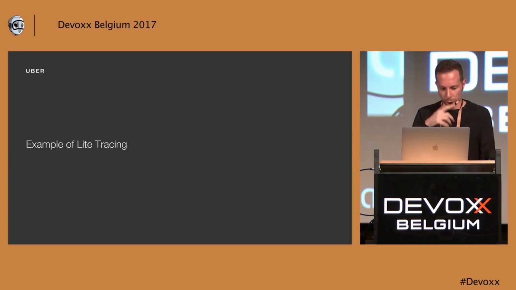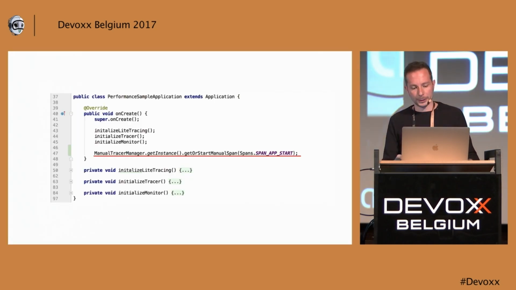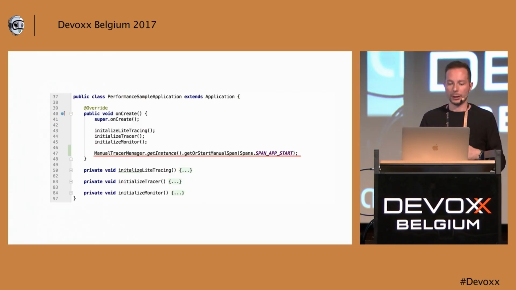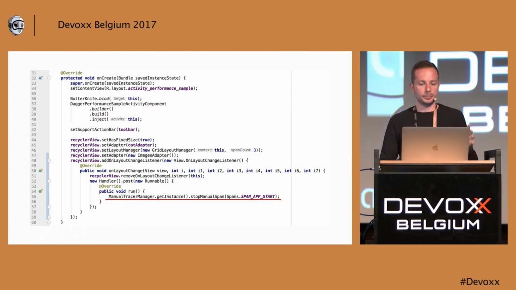Now, I also wanted to put here an example of the light tracing I was talking about before, because I think it's very interesting. Suppose that you have a very simple application. So we basically initialize this light tracing, our monitors, and then we start a manual span. This is pretty much an activity onCreate. So we set a bunch of things.